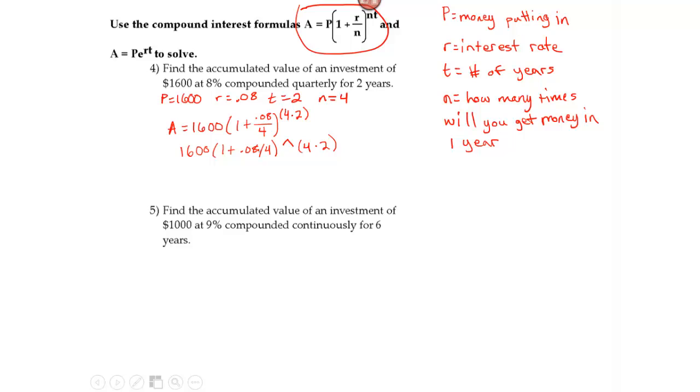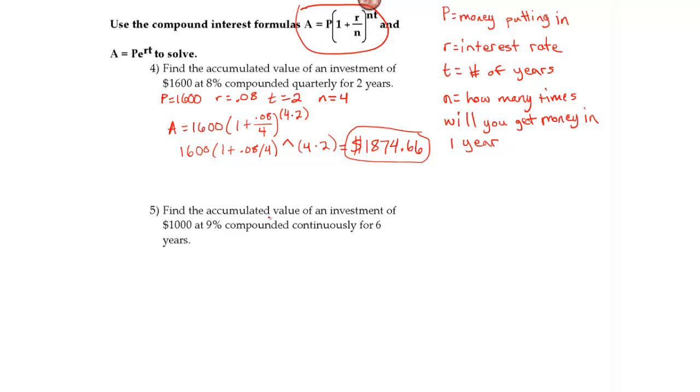When you do that, you get 1874.66. I'm rounding to 2 decimal places because we're talking about money, and that's how many decimal places there are for money.